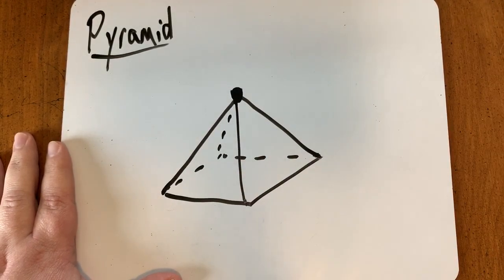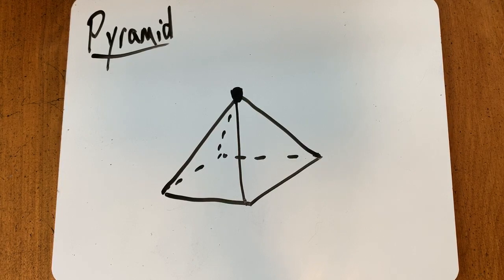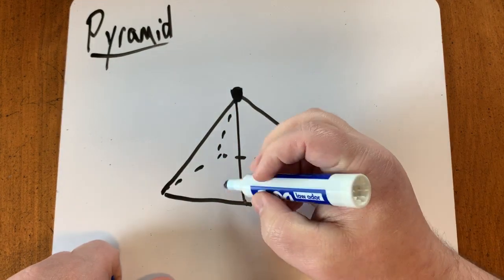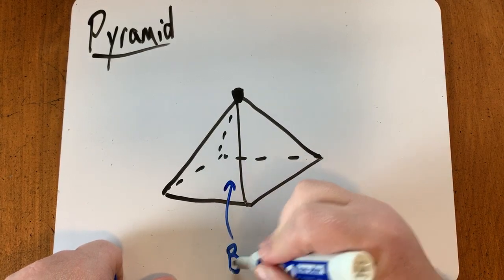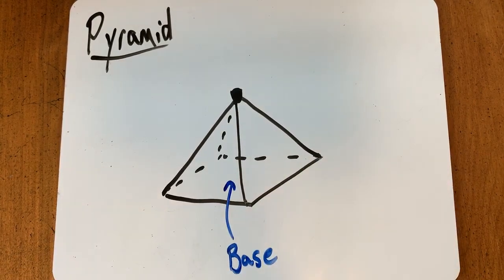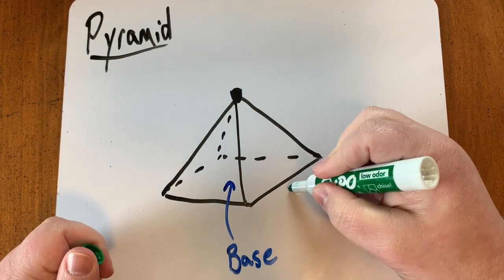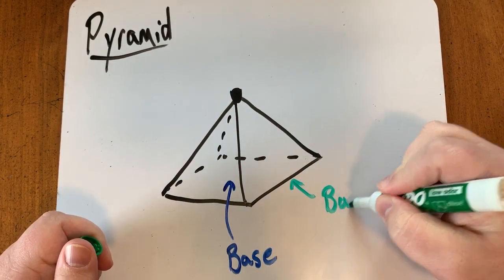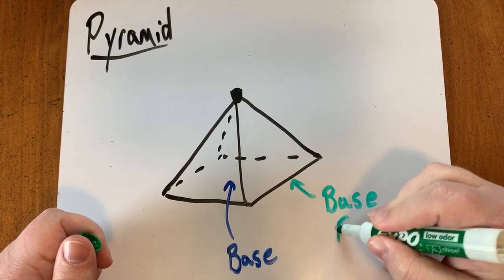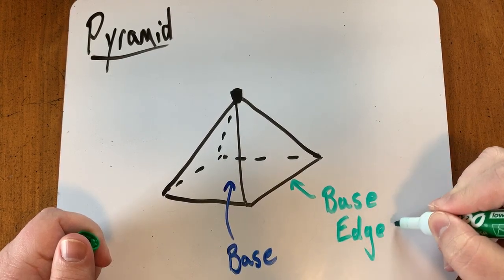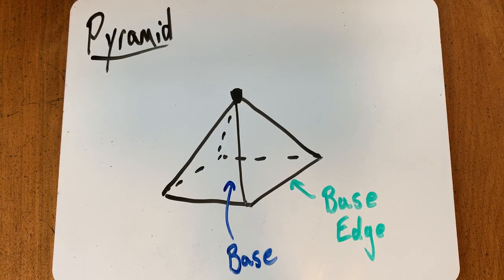So we've got this pyramid. That polygon at the bottom is the base. And the edges along the base are called the base edges. The triangles are your lateral faces.